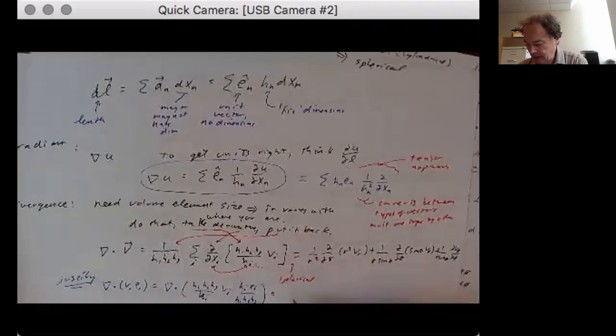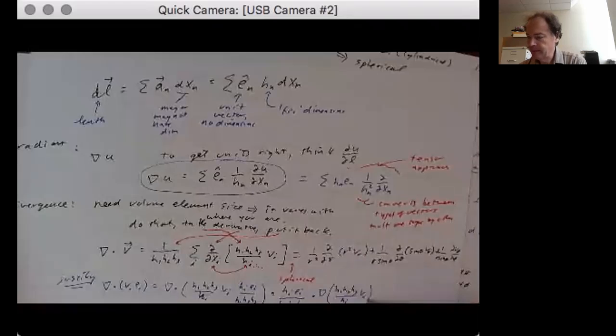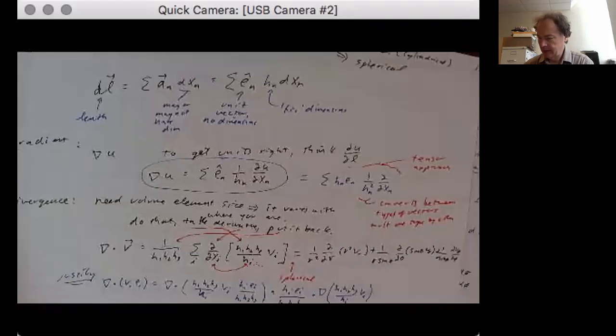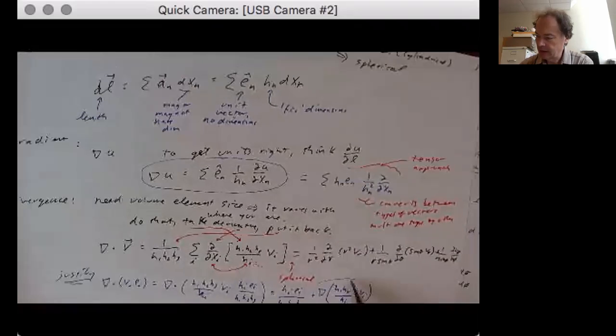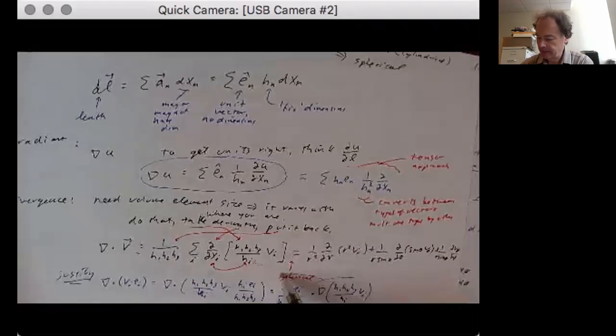And so you have h sub i e sub i over h1 h2 h3 dot the gradient of h1 h2 h3 over h sub i times v sub i. The dot product just gives you the right term, h sub i over this is actually what we have.